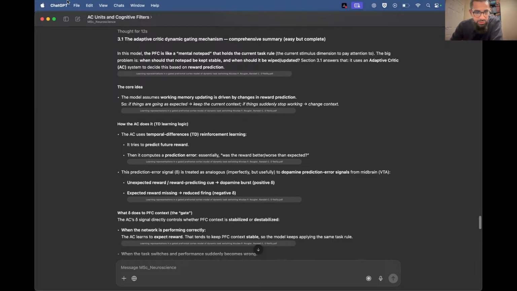The big problem is when should the notepad be kept stable, and when should it be updated?